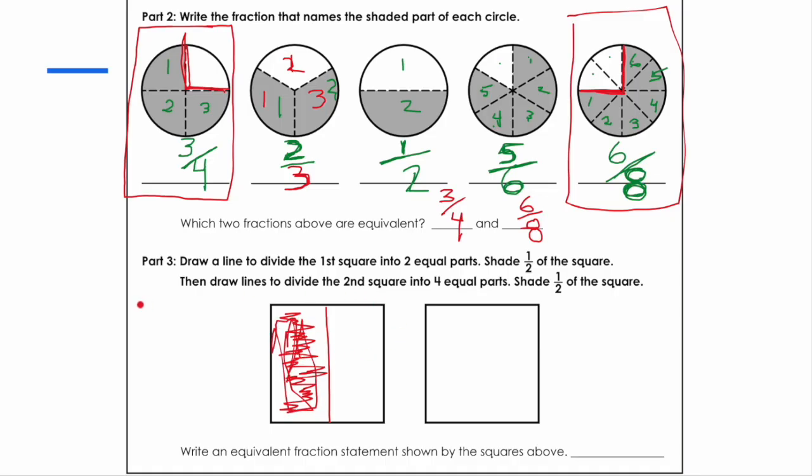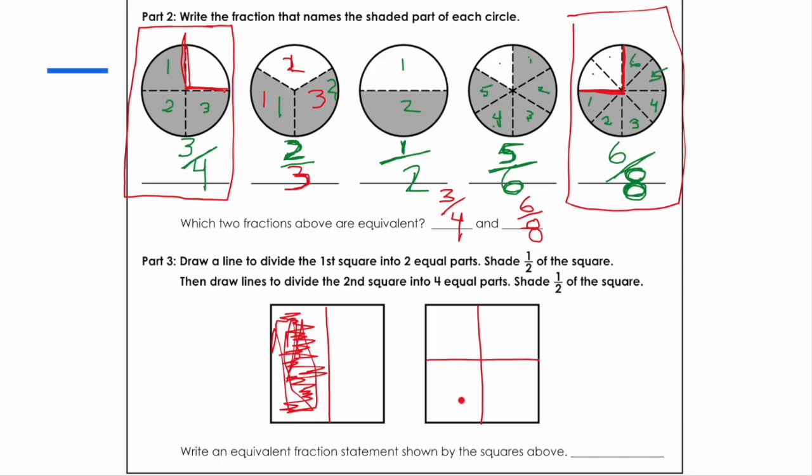Now, then draw lines, so more than 1 line, and divide the second square into 4 equal parts. 4 equal parts. Right? So we're going to do 1 line down the middle here, and 1 line left to right.